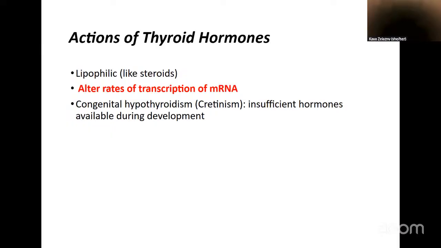And if you don't have enough of these hormones, especially if you don't have enough of them during development as you're growing as an embryo or as a child, this is going to result in some noticeable diseases. So we can have congenital hypothyroidism, which used to be called cretinism, not really a term we use anymore.